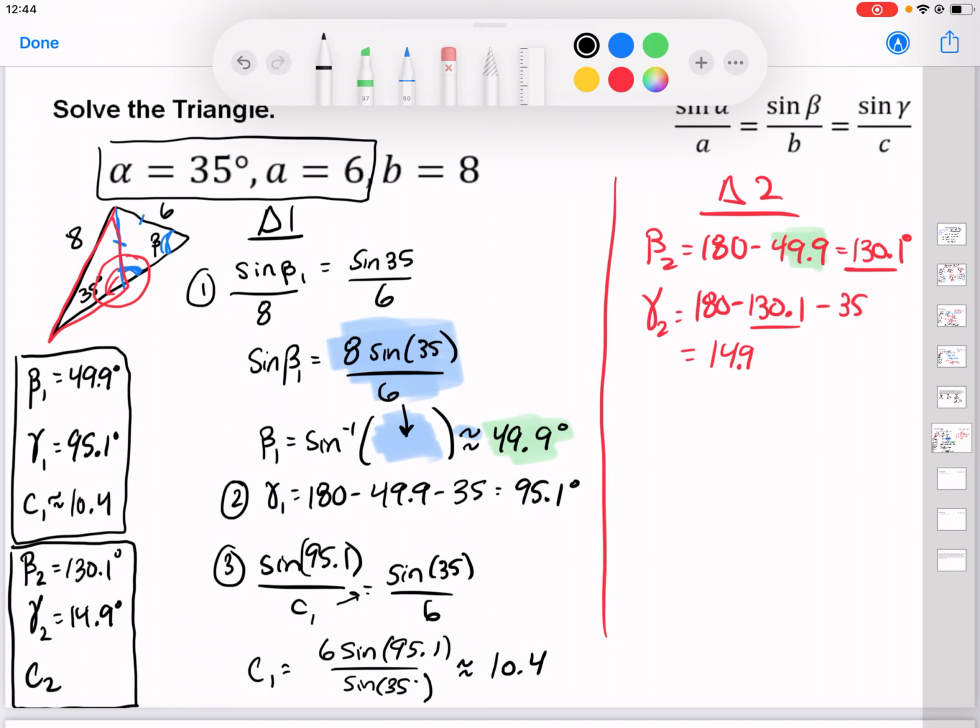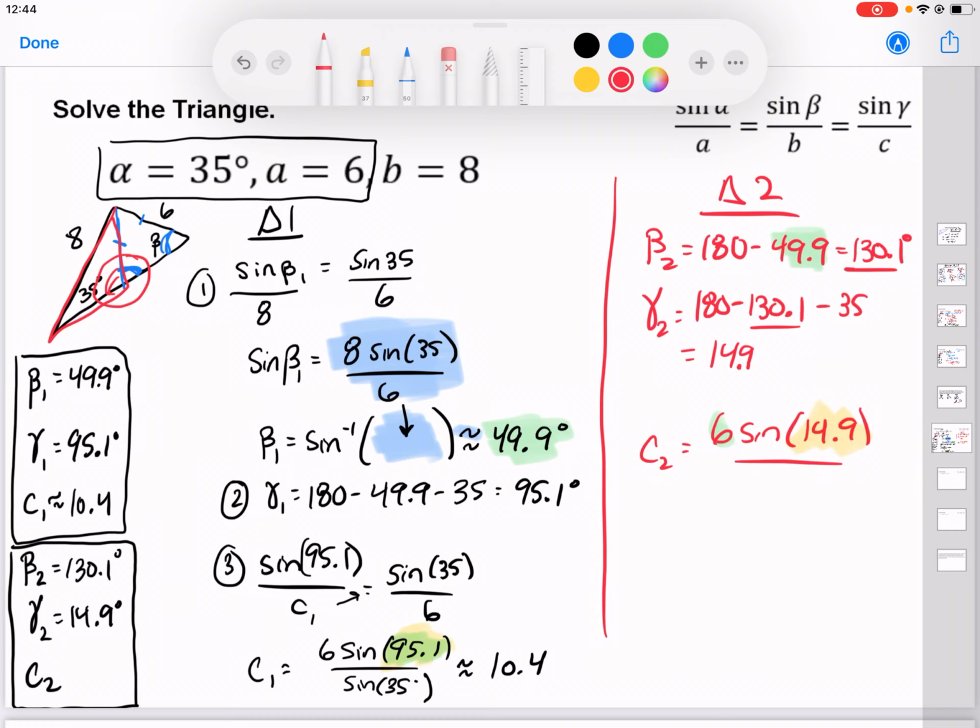And then for C2, rather than do all that work again, all you have to do is switch out the gamma, because we aren't using gamma 1, we'll use gamma 2. So we'll use 6 sine of 14.9 over sine of 35. So I'm just switching those out.